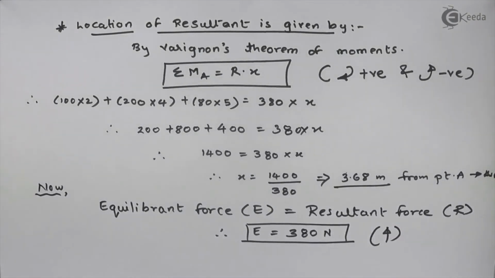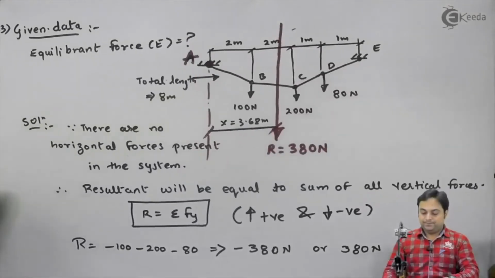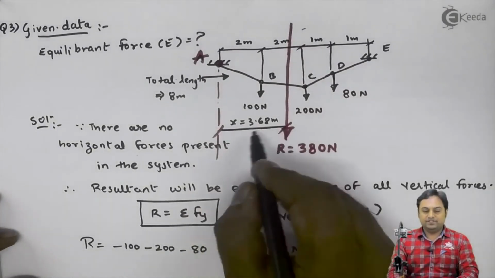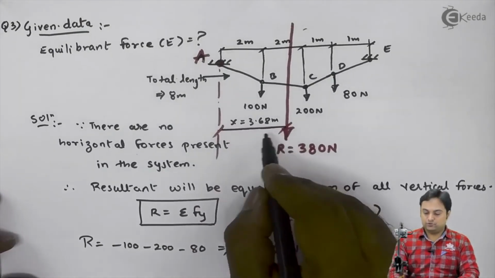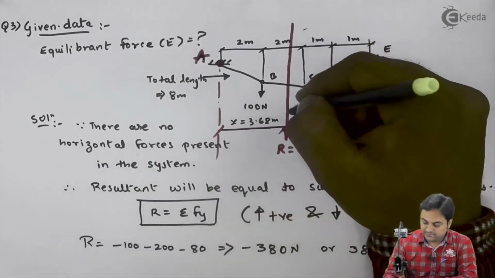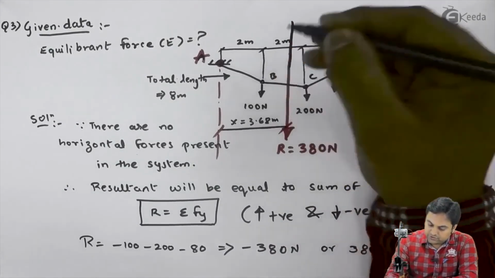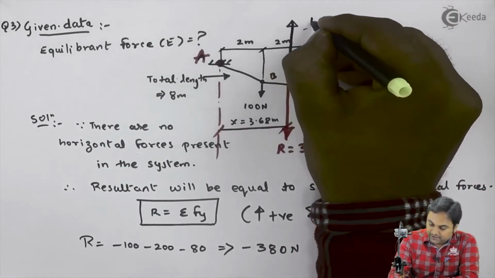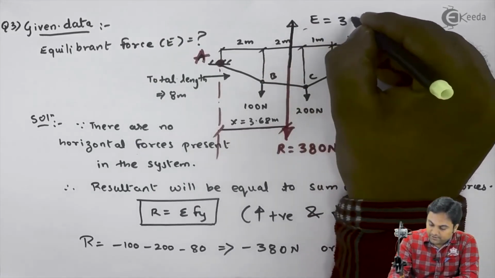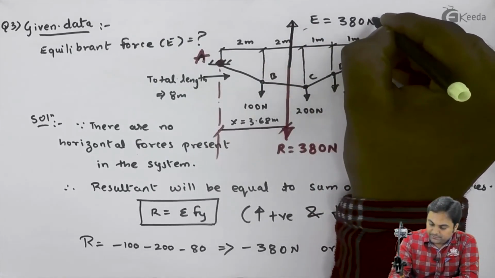Now I can show this equilibrium force on the diagram. The distance of the equilibrium and resultant force would be the same. Since the resultant is acting downward, the equilibrium force capital E will be acting upward, having 380 Newton.